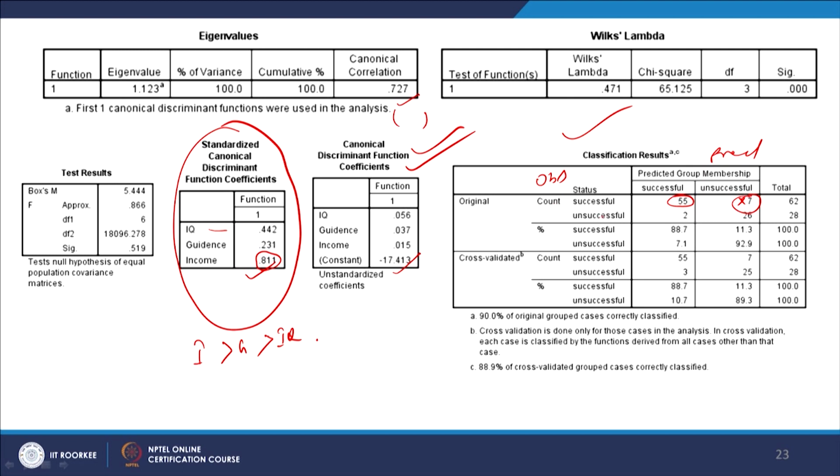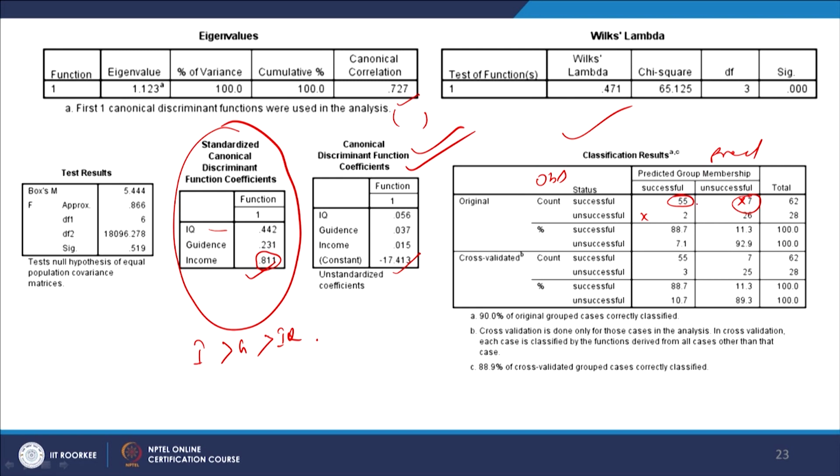And then 2 cases which are wrong, like a type 2 error. And this is where you have unsuccessful and it is actually unsuccessful, so it is again correct.